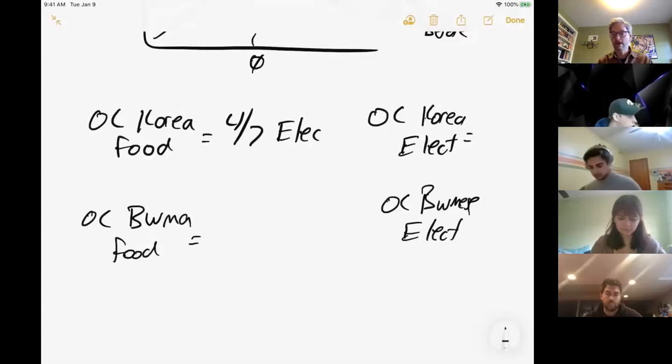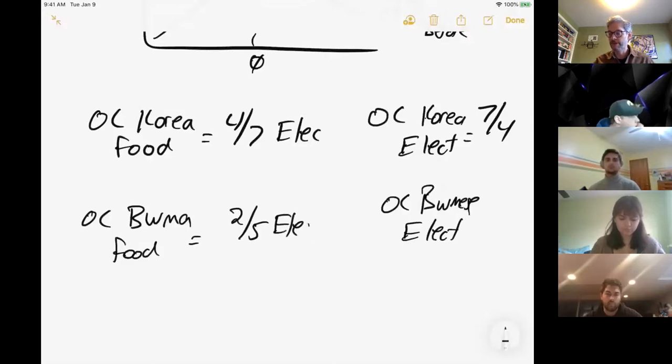What's the opportunity cost of electronics? 7/4. What about for Burma? They give up 2 units of electronics for every 5 units of food, or 2/5 of electronics. And what about for electronics? 5/2 food.